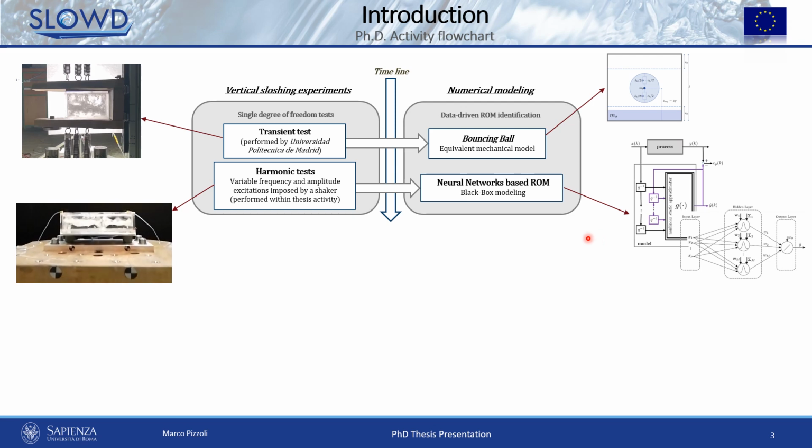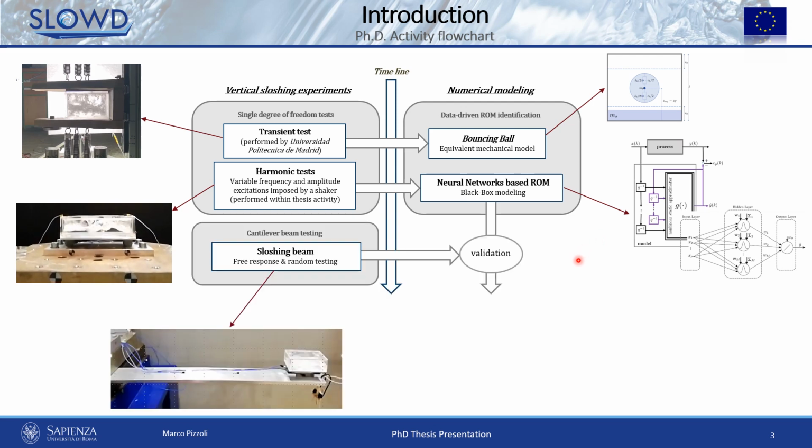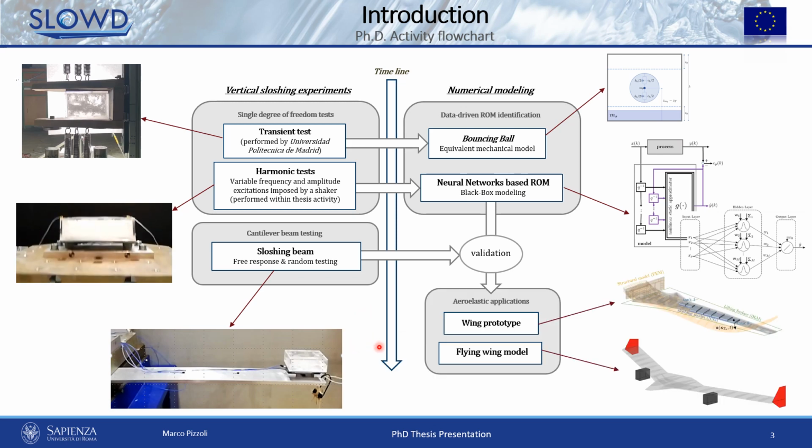This model was then experimentally validated by making a new layout, a new configuration referred to as sloshing beam, in which the tank used for training data generation is mounted on a cantilever beam. And finally, the validated ROM was integrated into the numerical models of two aeroelastic applications to evaluate the effects of sloshing on the aeroelastic response.